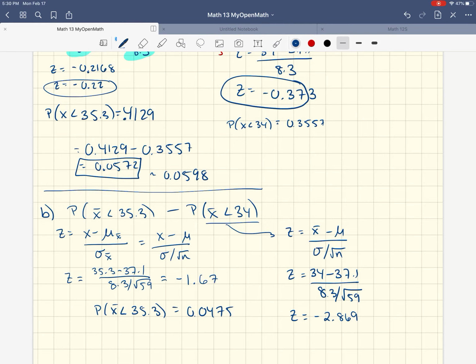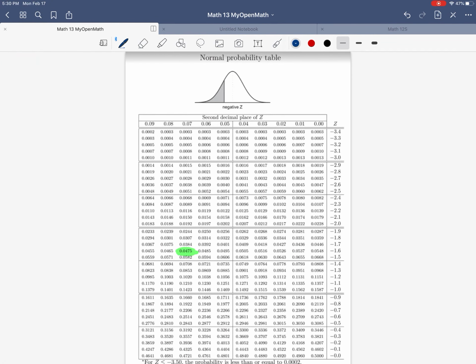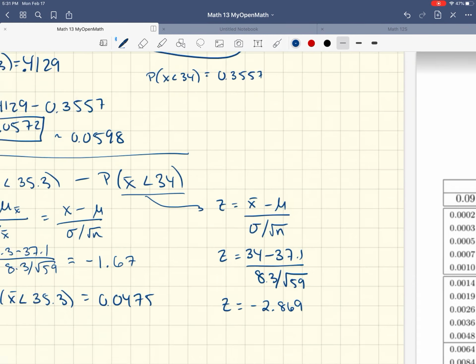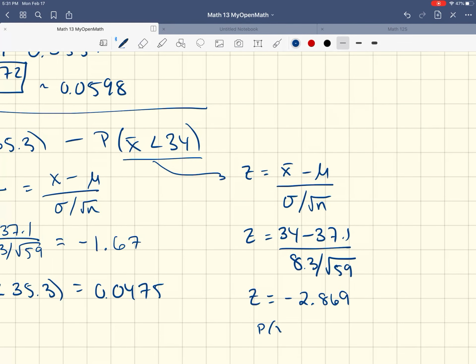So we're going to do about negative 2.87. We go back over to our other table. Negative 2.87: 2.8 and 7 gives 0.0021 here.